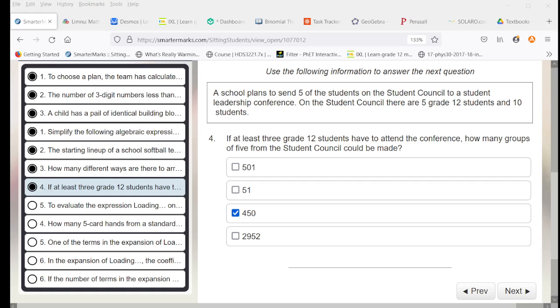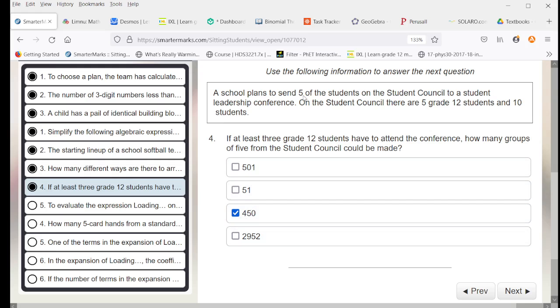Hang on. That's not what is missing. So, yeah, that is the issue. But notice it says at least 3. So we should have 10 other students. The word other is missing.